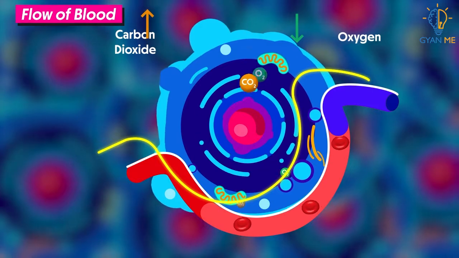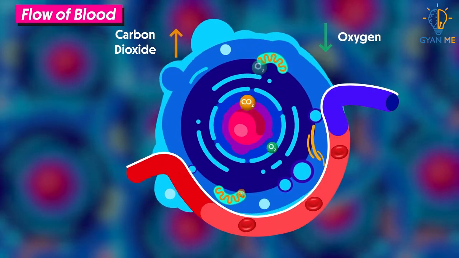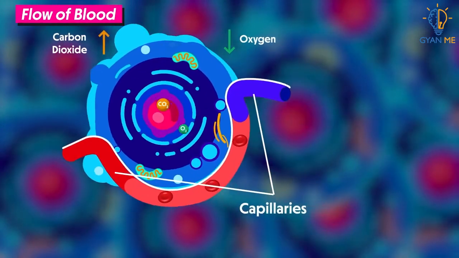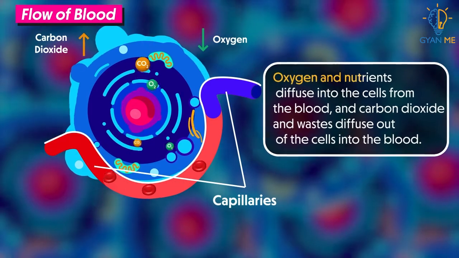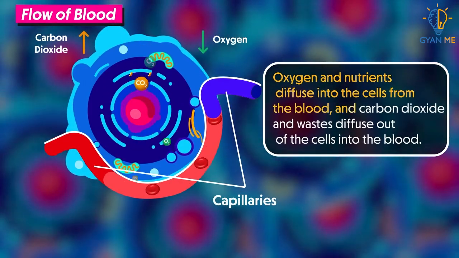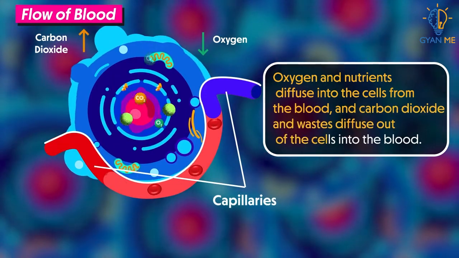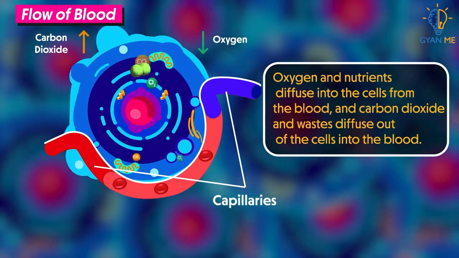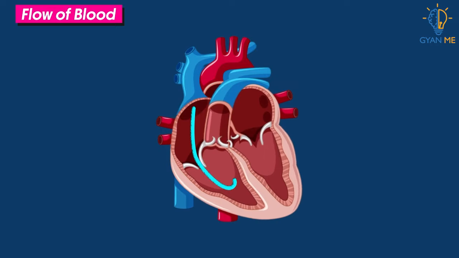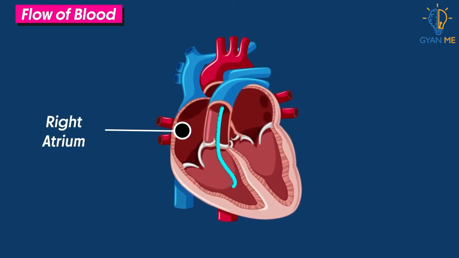This allows easy exchange of gases and other substances between the blood in the capillaries and the body cells. Oxygen and nutrients diffuse into cells from blood, and carbon dioxide and waste diffuse out of the cells and enter the blood. Now, the blood, which is loaded with CO2 and waste materials, is brought back to the right atrium.